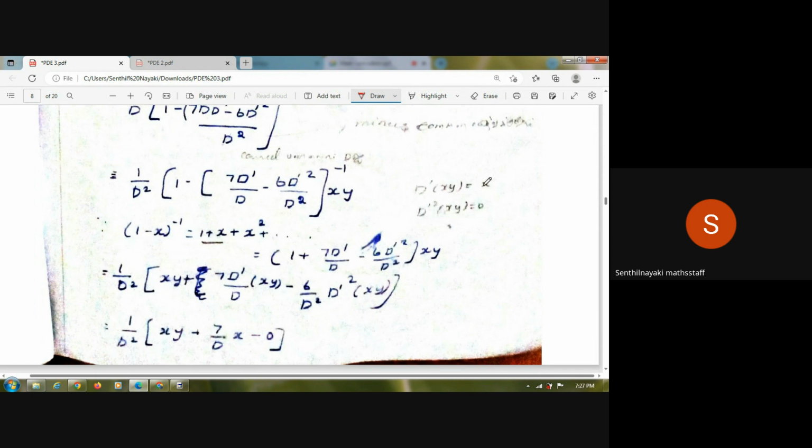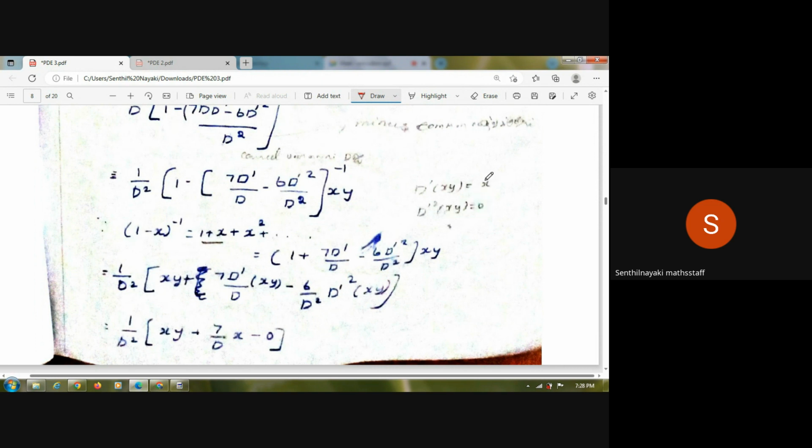d dash of xy is x, because d dash means dou by dou y. Differentiating once with respect to y, y becomes 1 and x is a constant, so x into 1 is x. If you differentiate again with respect to y, that is d dash square, this becomes 0 because there is no y term.